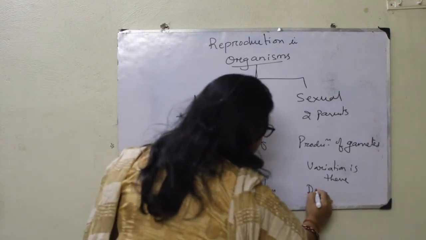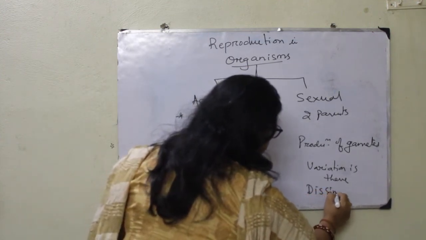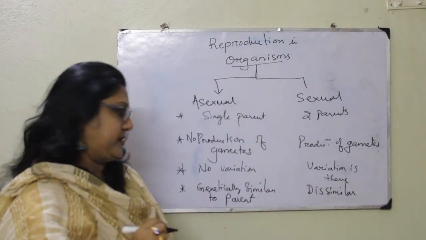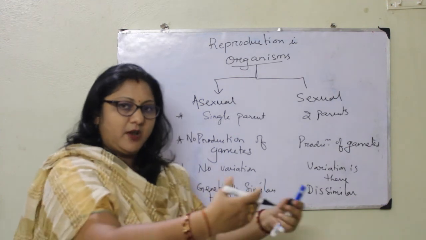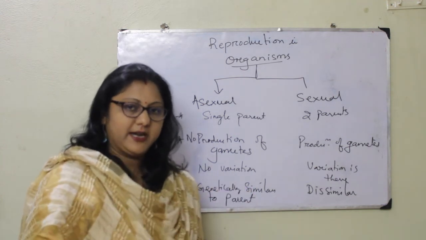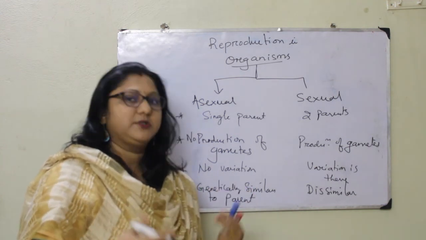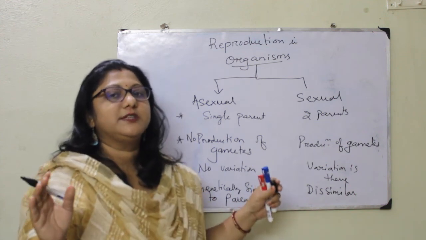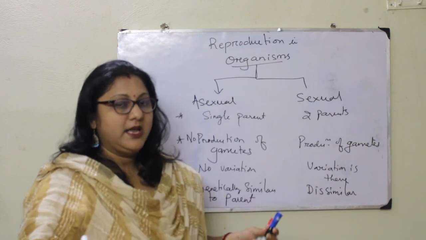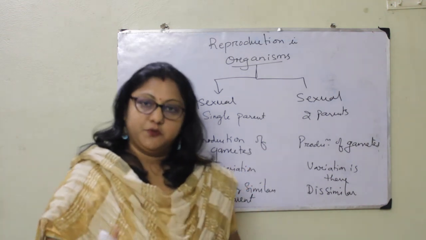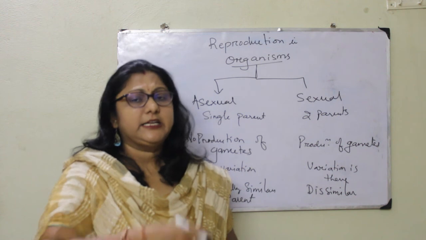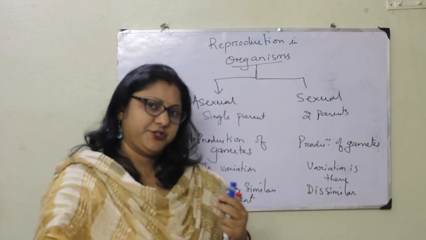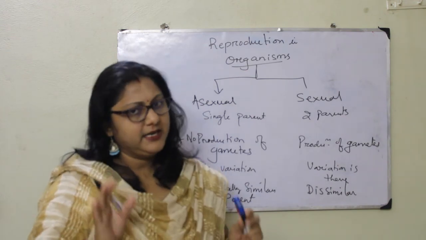These are dissimilar. Okay? These are dissimilar to the parent. As there is no involvement of two parents, so one parent gives birth, or it produces, or it increases, so there is absolutely no difference in the genetic constituent. But here in the sexual mode, two parents are there, right? So definitely there will be mixing of characters and variations will be there. So they are not genetically identical.